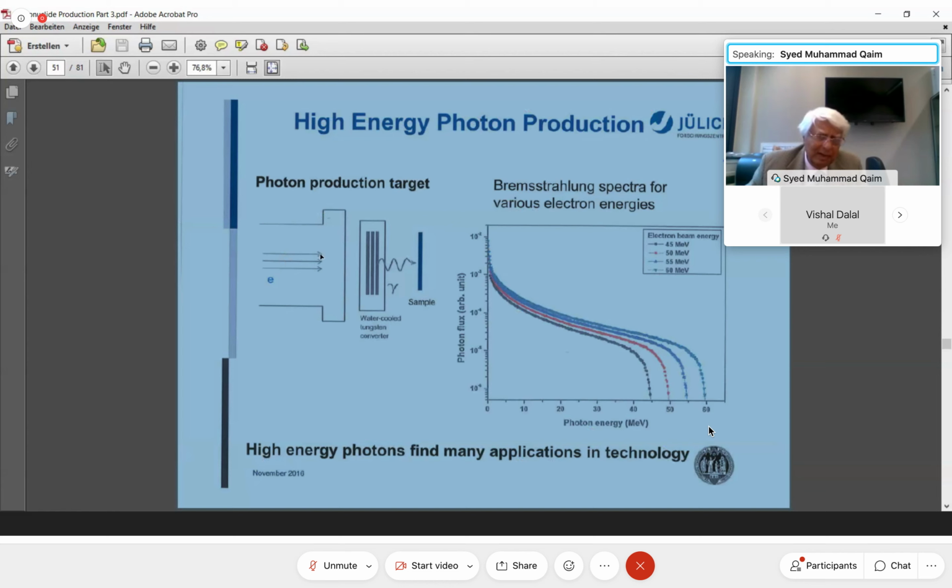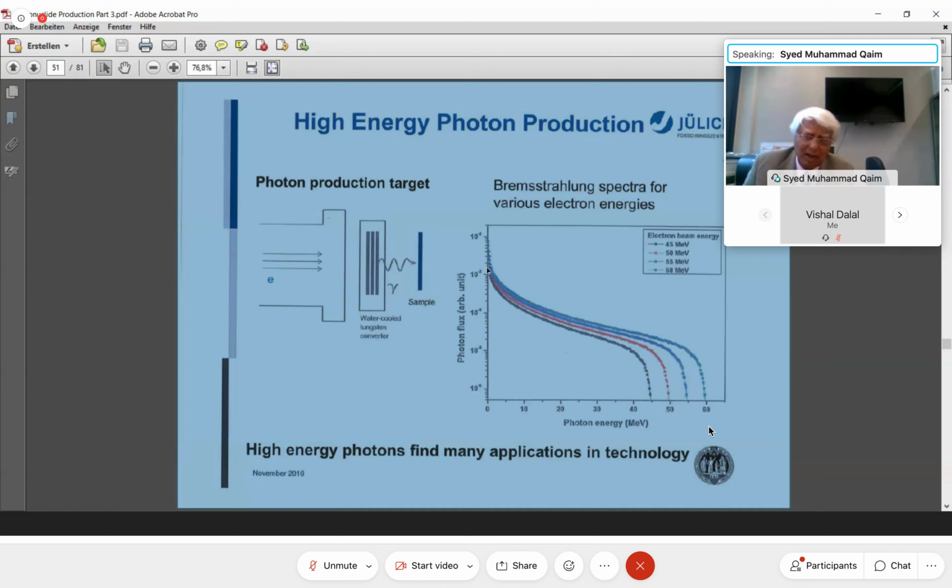You can have very strong, intense electron beams. They let it fall on a water-cooled target, for example, tungsten converter, electrons react and give hard gammas. These are the hard gammas. You can put your sample here, and if it is irradiated with hard gammas, the radionuclide can be produced through gamma,n or gamma,p reaction.